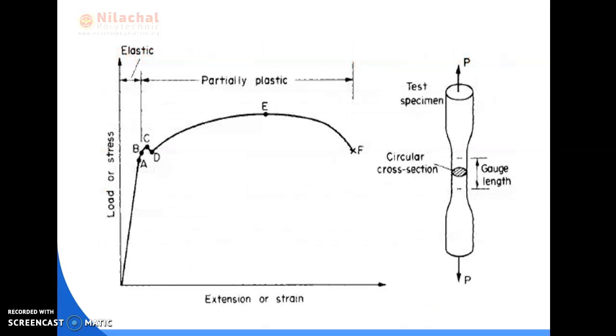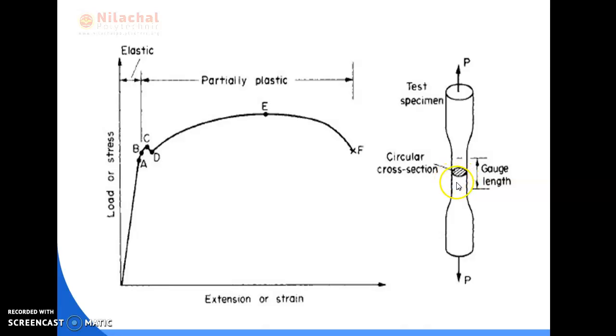As I told you, there is a specimen, a dog bone shaped specimen. The gauge length is the first of the 2 points, set before the specimen is attached to a universal testing machine. P is the tensile load applied at both ends.